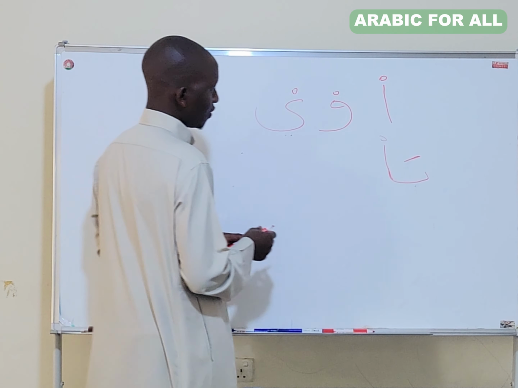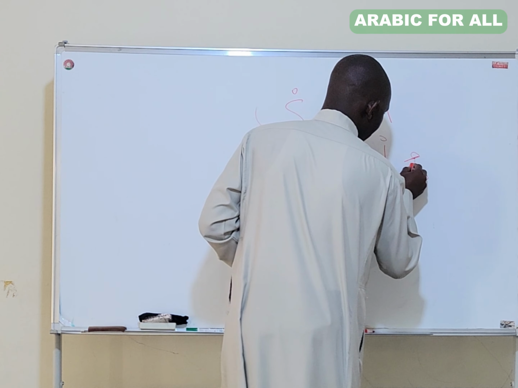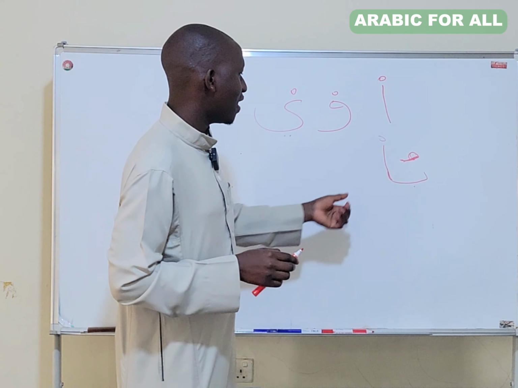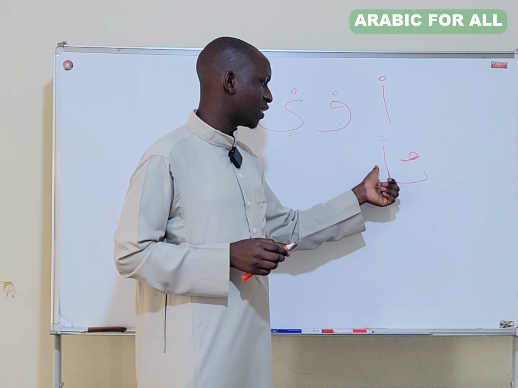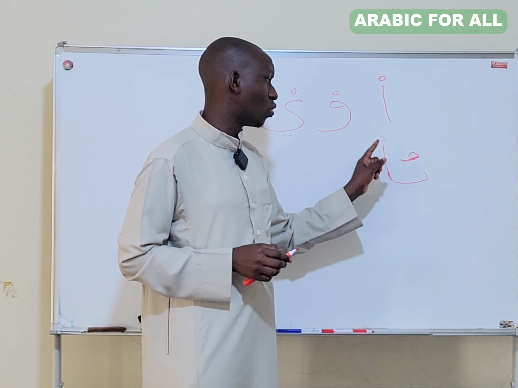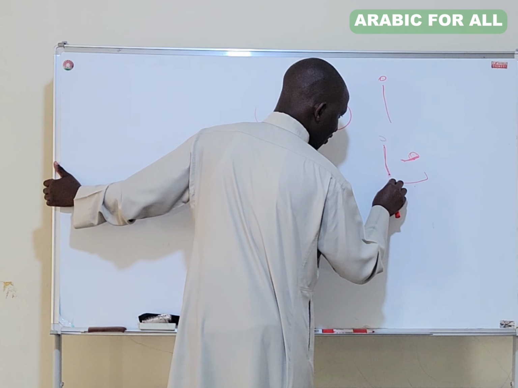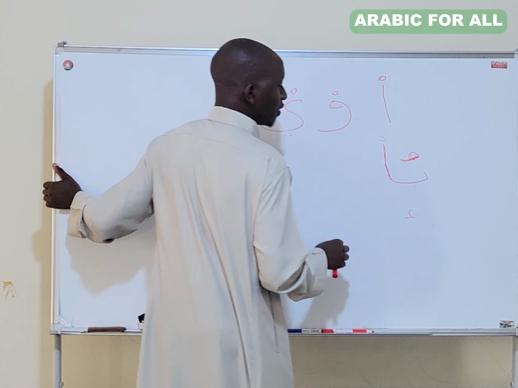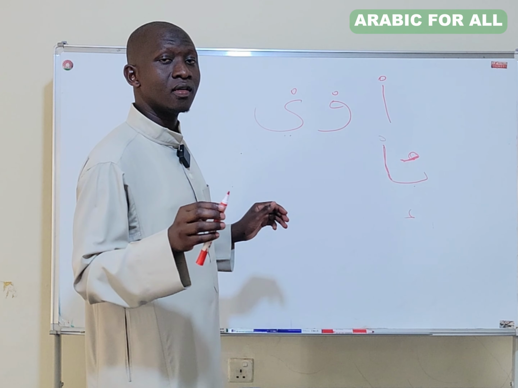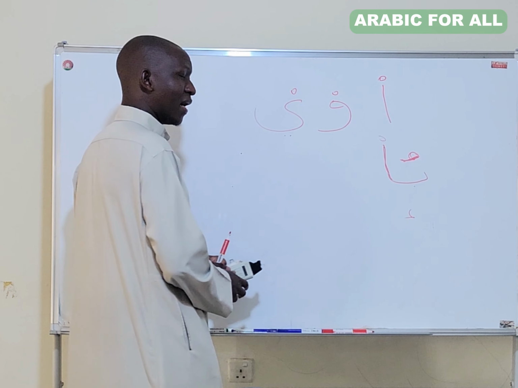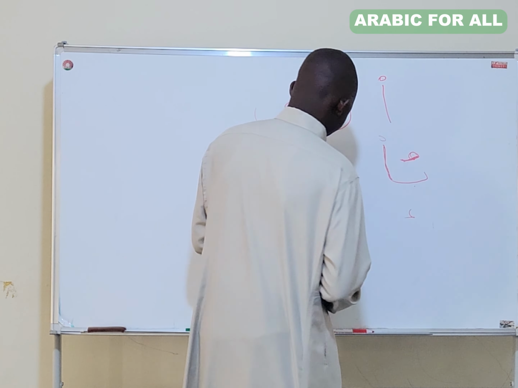If in case it was dhamma, then the reading here will change. This one will become bu. It will either mean that this alif has been placed to work as a hamza somewhere. That's why you will say bu or bi, like that. But not baa. Baa only works when there is fatha.